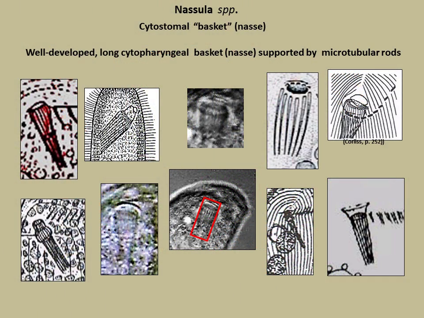The walls of the cytopharyngeal basket are strengthened by longitudinally arranged nematodesmata, which are constructed of interconnected microtubular rods. The rods have noticeable nodular capitula at junctures of sectional components of the apparatus.